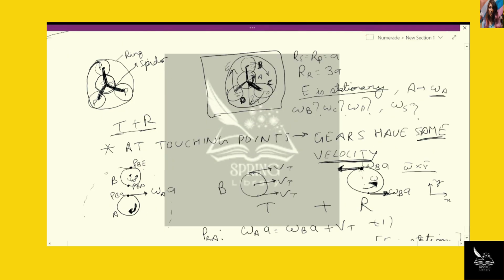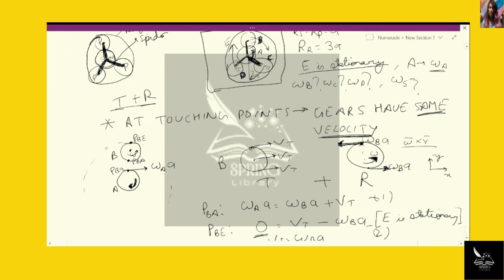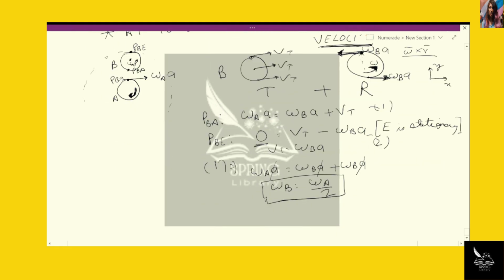So B, C, and D, since they are all planetary gears with the same dimensions, if you follow the same procedure, you will get the same answer anyways. So we can just say that omega B equals omega C equals omega D equals omega A over 2.